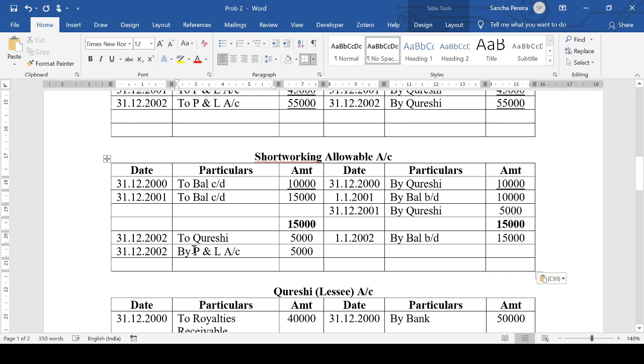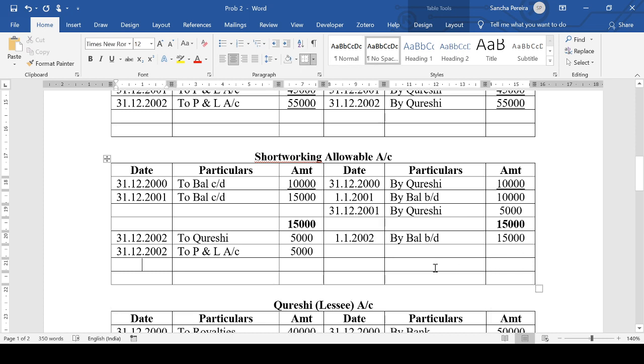To P&L account 5,000. To P&L account 5,000. So close this. Here the total is 15,000. To balance carried down is 5,000.